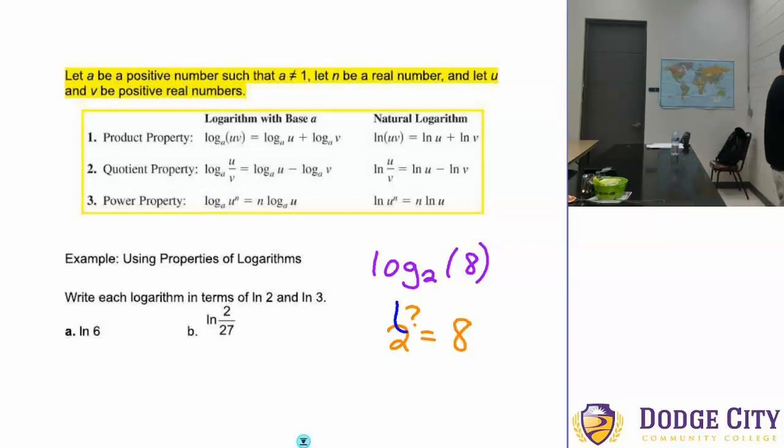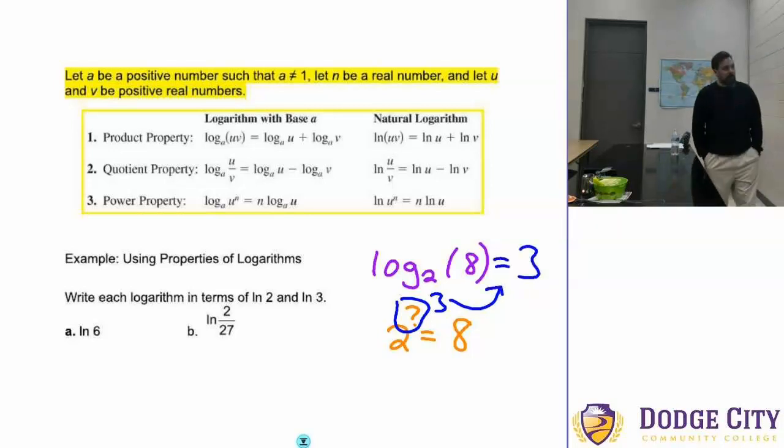And the answer to that question, in this case 3, is what the logarithm is equal to. So the logarithm equals the exponent. Logarithms are exponents. And so their properties behave like the properties of exponents.